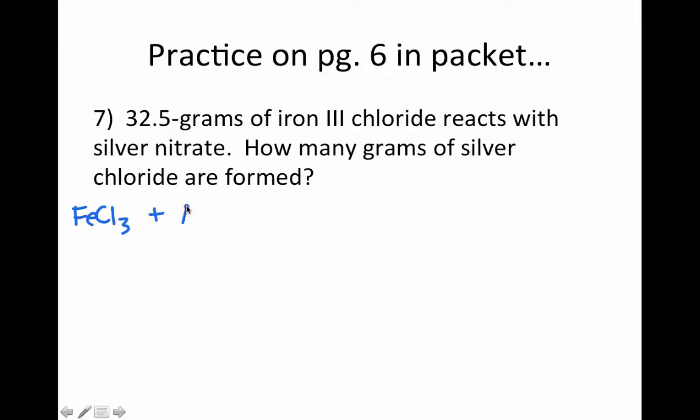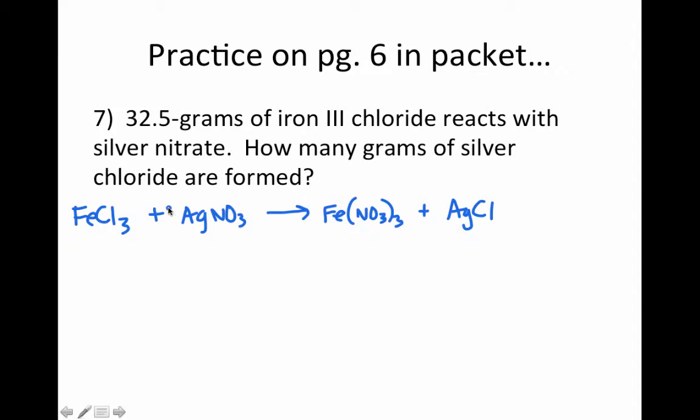Plus silver nitrate. I know that silver is a 1 plus and nitrate is a 1 minus, so that's just going to be AgNO3. Double replacement reaction, so iron nitrate, that's going to need a crisscross, and then AgCl. Silver's a 1 plus, chlorine's a 1 minus.